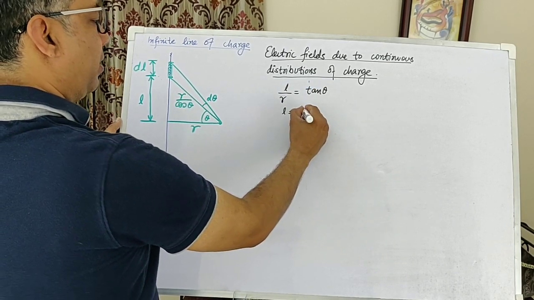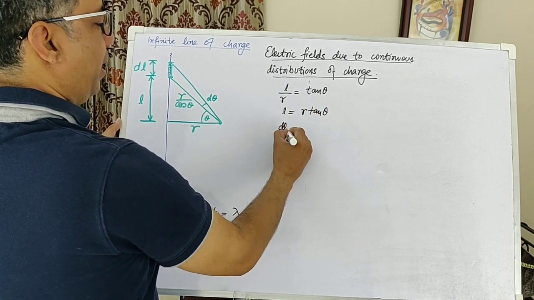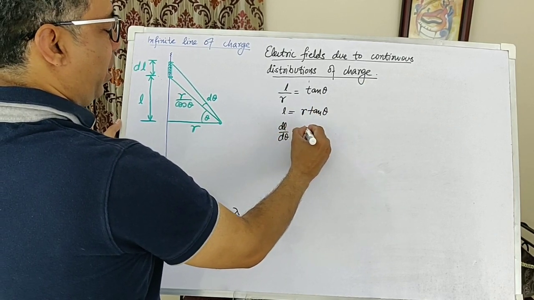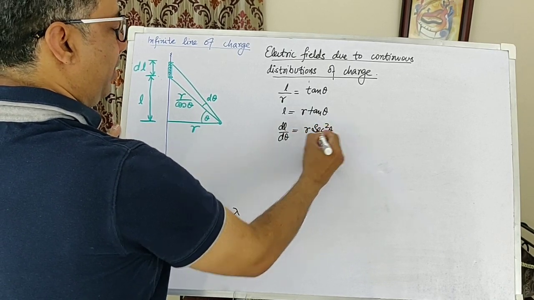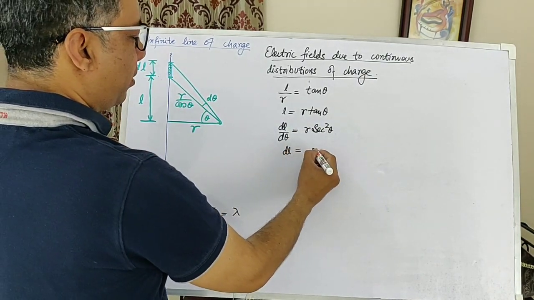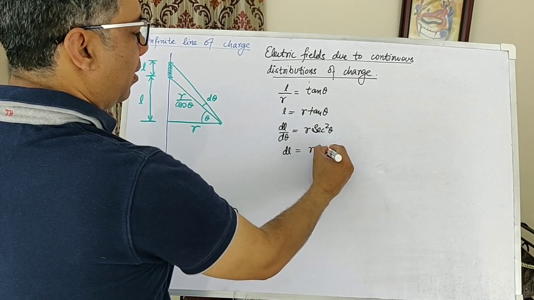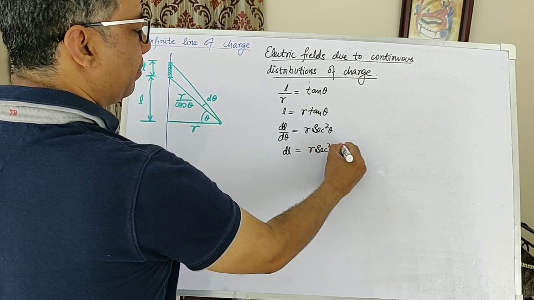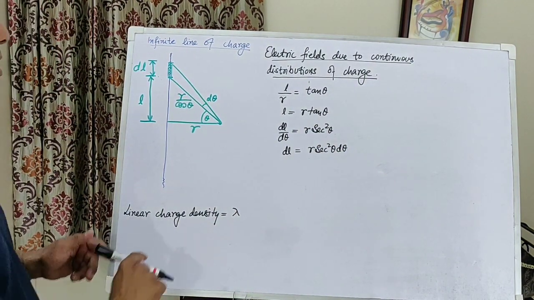So L equals R tan theta, and dl by d theta would be R sec square theta, and therefore this dl comes out to be R sec square theta d theta. Okay, so we've got dl.